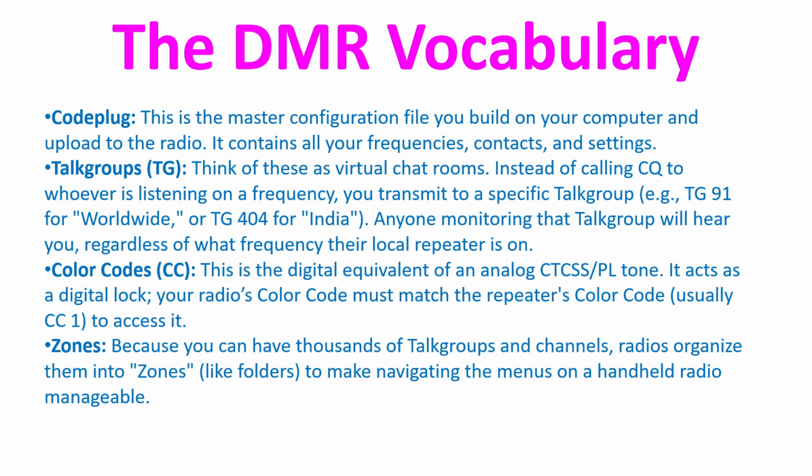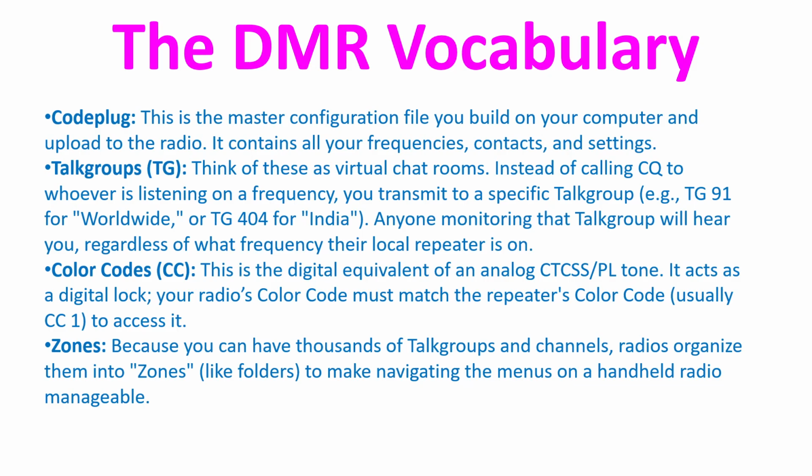Transitioning to DMR requires learning a new set of norms. Programming a DMR radio is very different from simply dialing in a VFO frequency. Code plug. This is the master configuration file you build on your computer and upload to the radio. It contains all your frequencies, contacts, and settings. Talk groups.